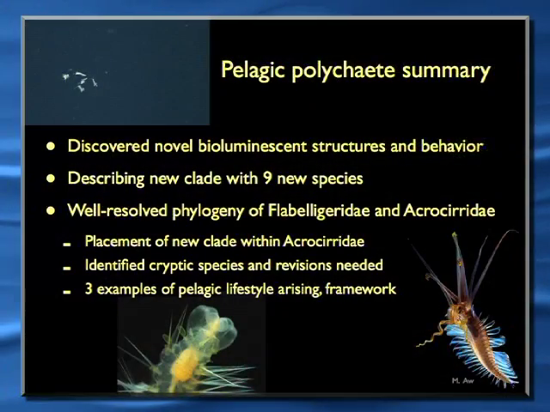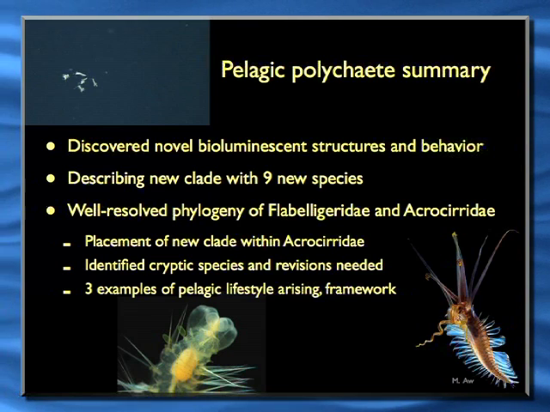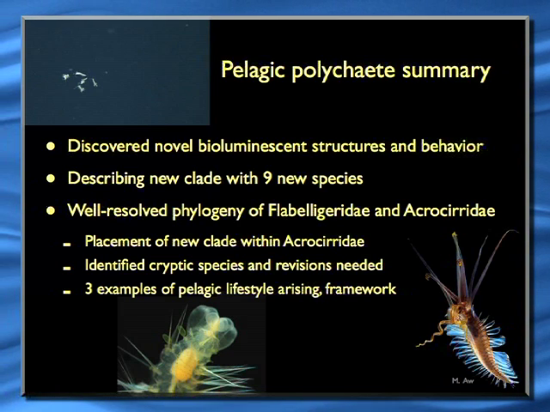Just to summarize the polychaete section, we discovered new novel bioluminescent structures and behaviors associated with that. We're describing a new clade with 9 new species, a couple new genera, and now we have a well-resolved phylogeny, or evolutionary history, for the Pelagic and the Acroceridae, and that allowed us to place the new species and name them correctly, and to identify several cryptic species.